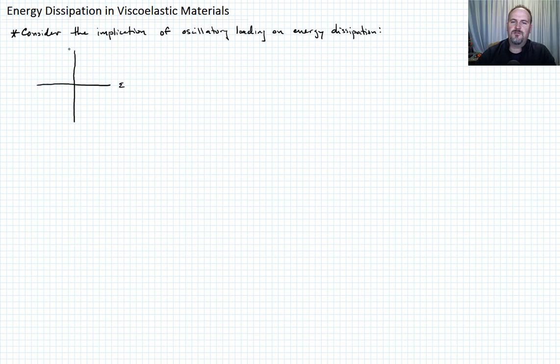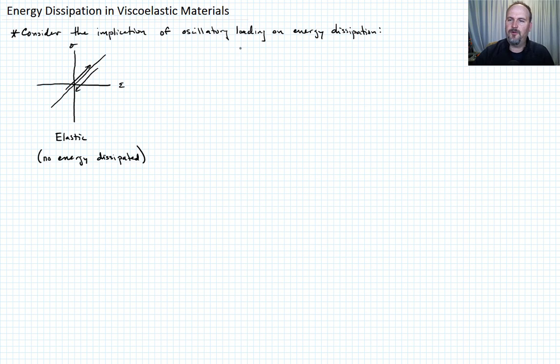So there's strain and stress. If I cyclically load this material, I load up this curve and I load back down the same curve, right? There is actually no energy dissipated. I store energy and I then recover that energy, but I don't dissipate any energy. So in the elastic case, no energy is dissipated.